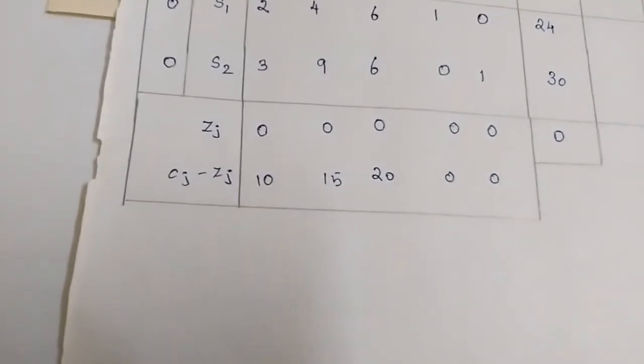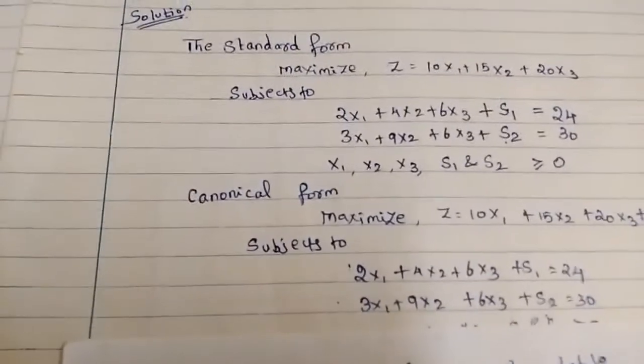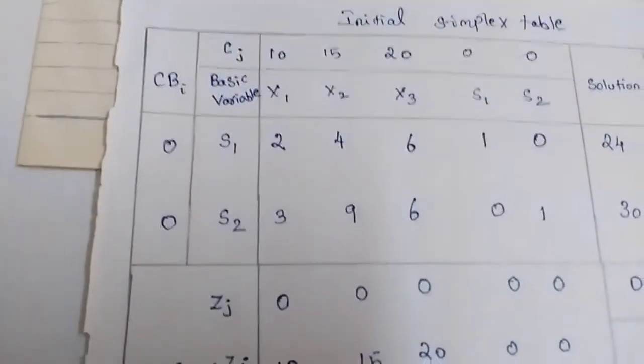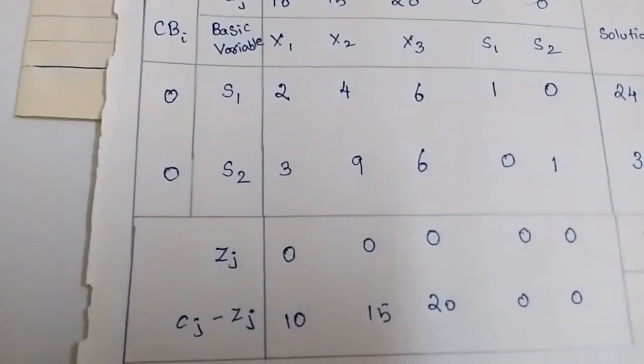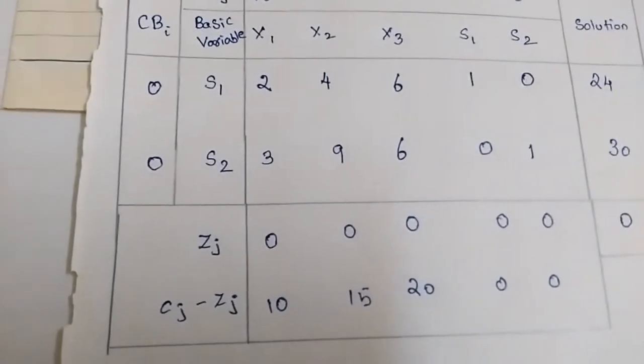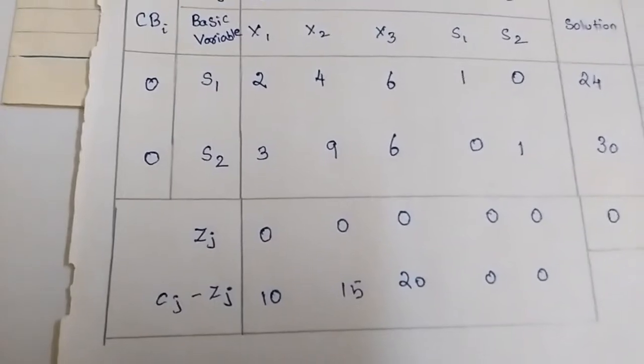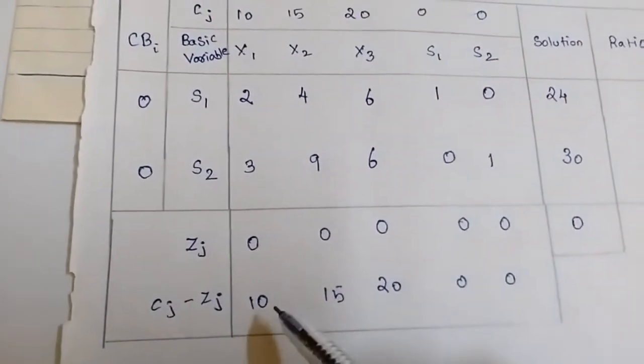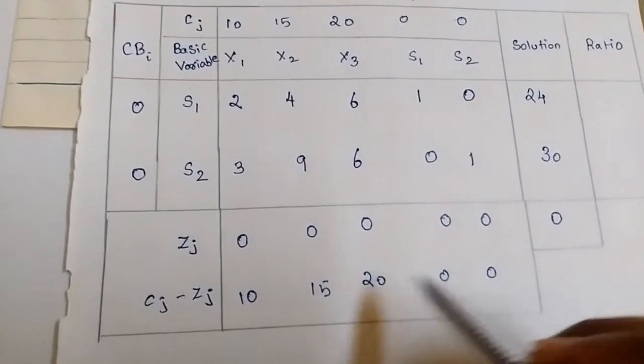If this is a maximization type problem, how to find the entering variable? Take the maximum value of Cj minus Zj: 10, 15, 20, 0, 0.